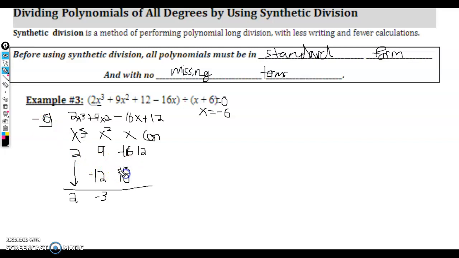I add down, negative 16 plus 18 is positive 2. Positive 2 times negative 6 is negative 12. Add down is 0. So this tells me my remainder.